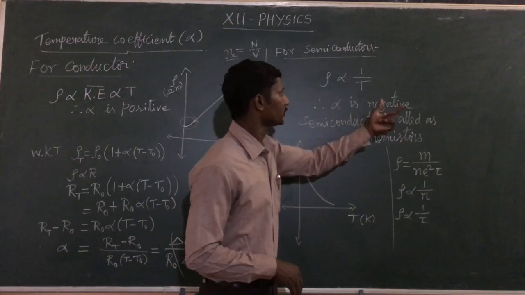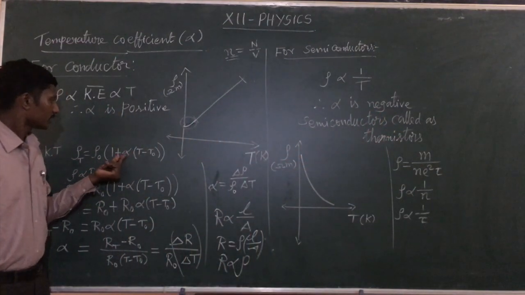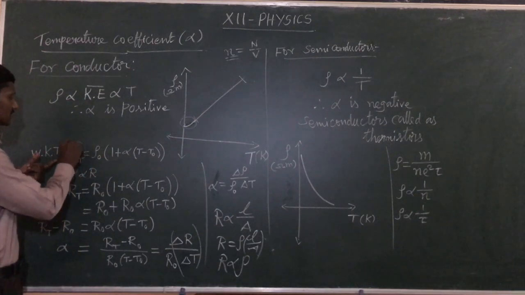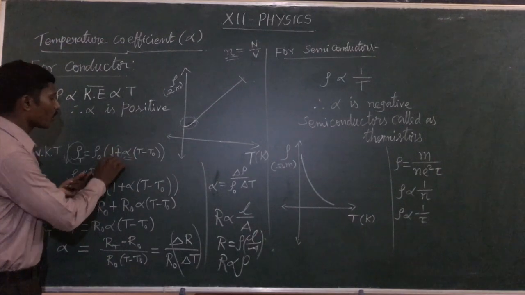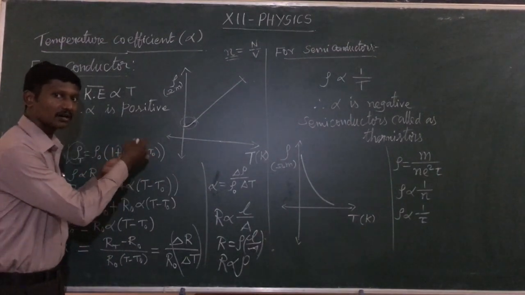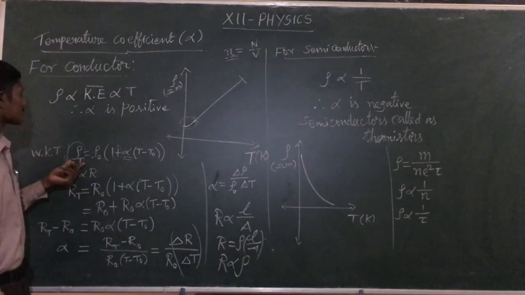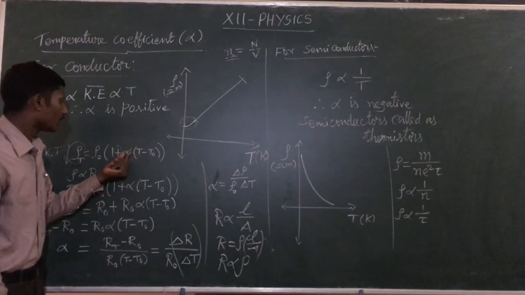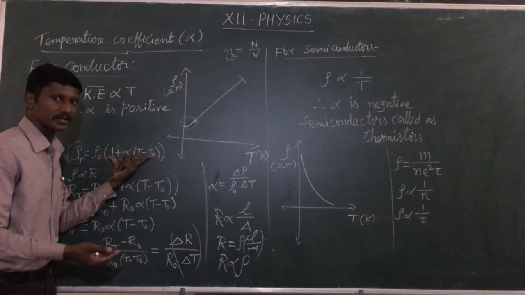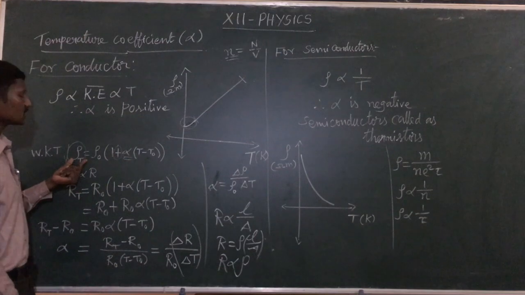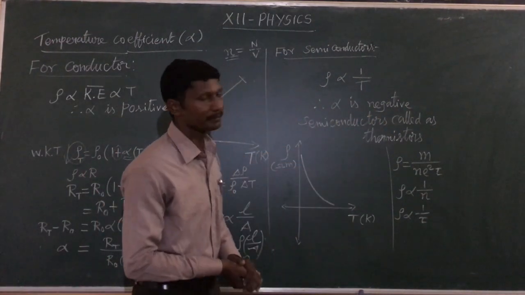So alpha is negative, because in the resistivity formula, RT decreases due to alpha. Here the term is 1 minus something, so some amount is reduced and RT is also reduced. Alpha negative means 1 minus this term, which decreases, therefore resistivity decreases. So alpha is negative for a semiconductor.